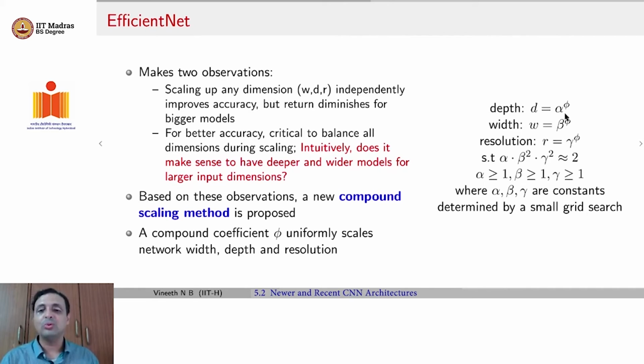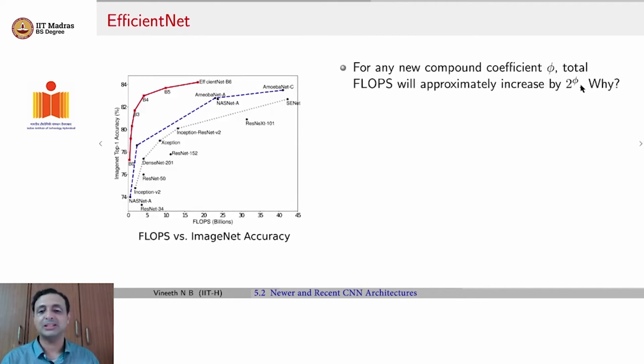So now you know that the new depth would be alpha into old d, and the new total number of computations would be alpha into old d, into beta square into old w, into gamma square into old r, which would effectively become 2 times your earlier computations. This was for a choice of phi to be 1. If you chose phi to be 2, you can work this out in a similar manner and show that the number of computations will increase by 2 power phi.